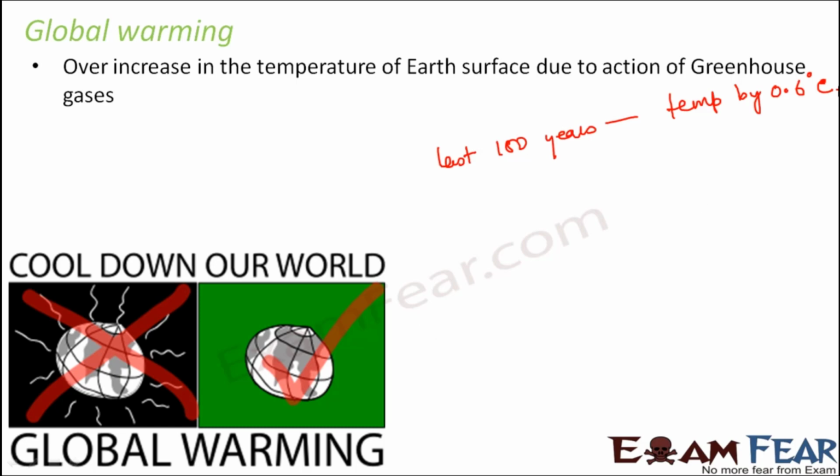Now, it might seem a very small increase in 100 years, but if we look at it more closely, we see that actually this entire increase has taken place only in the last 30 years. Before that, in the initial 70 years, there was not much change in the temperature, but only in the last 30 years, this increase of 0.6 degrees Celsius has happened, which is really alarming.